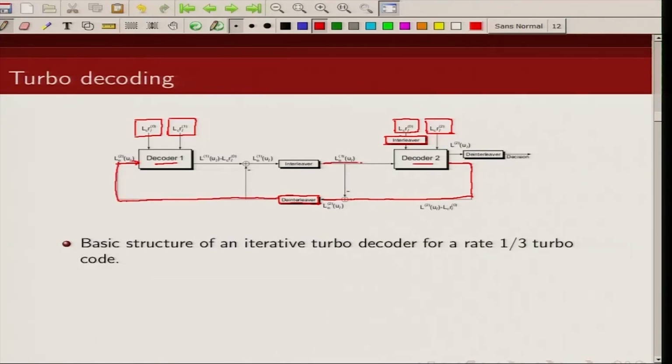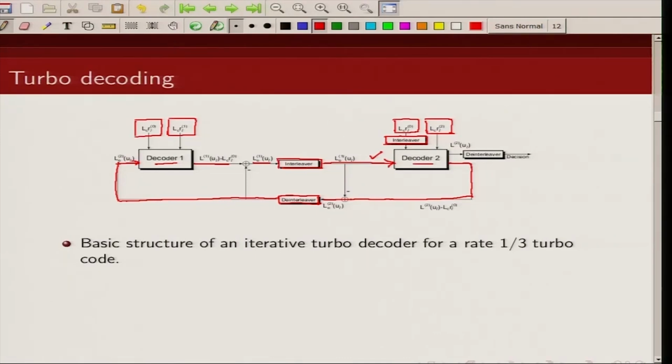And the a priori value that you send here is coming from this decoder, and I am interleaving this because the order of information bit at decoder 2 is an interleaved version of the order of information bit at decoder 1.